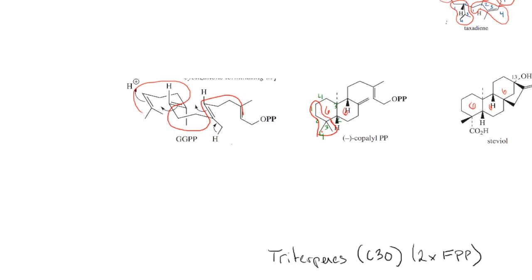Methyl groups right there, looking good. 4, 3, 2, 1. Methyl group is there, looking good. 4, 3, 2, 1. So I've been able to kind of snake around this. It's getting kind of ugly, but just bear with me. And then 4, 3, 2. All right, so you can see I've been able to circle all of my represented terpenes.